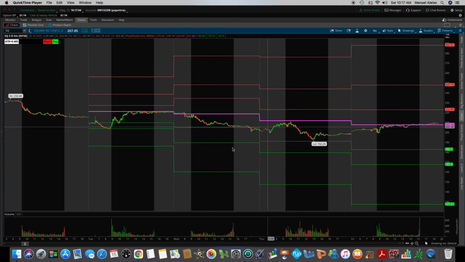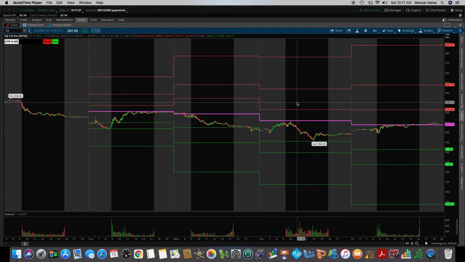What I have here on my chart, these are called pivot points, okay? These are actually weekly pivot points. Now, if you don't know what pivot points are, you can go to Google, type in pivot points. It'll give you the history of them, but just a quick grasp. Pivot points are technical analysis indicators, okay?